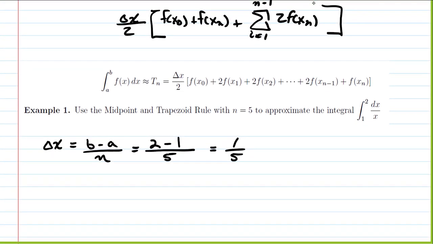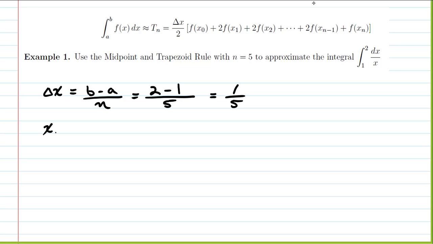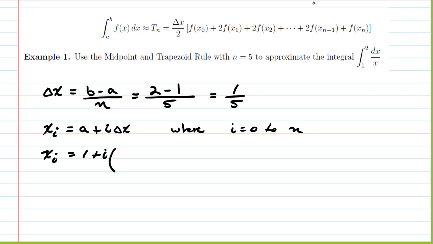Our formula for x sub i, the sequence of x values, is a plus i times delta x, where i goes from 0 to n. So plugging into our formula, x sub i is 1 plus i times 1/5, so we get 1 plus i divided by 5.